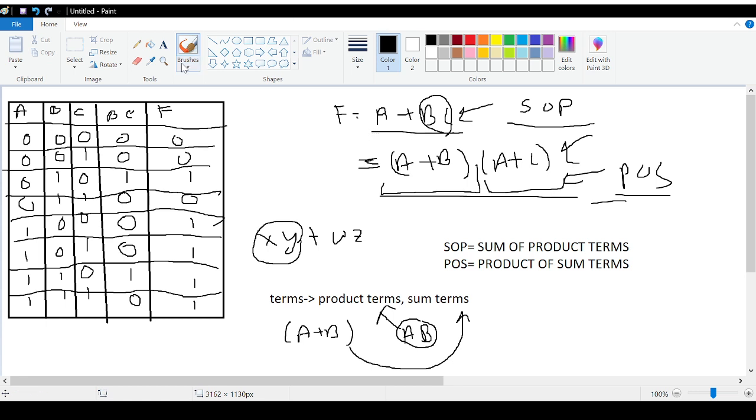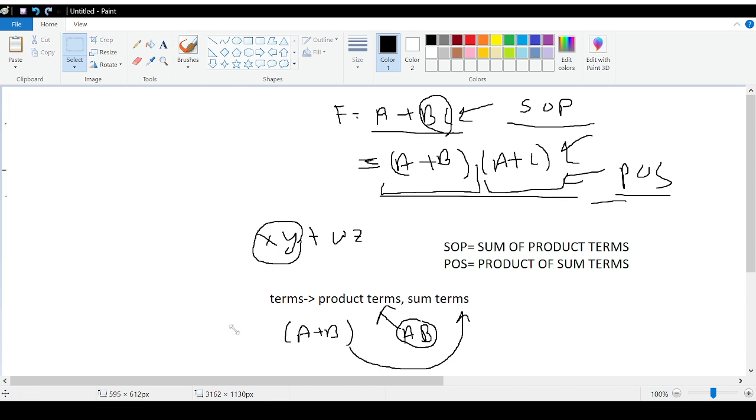When we have a truth table and you are asked to find the function, you have to choose: do you find the function in terms of SOP or in terms of POS? First we're going to learn how to find the equation from a truth table in the form of SOP.